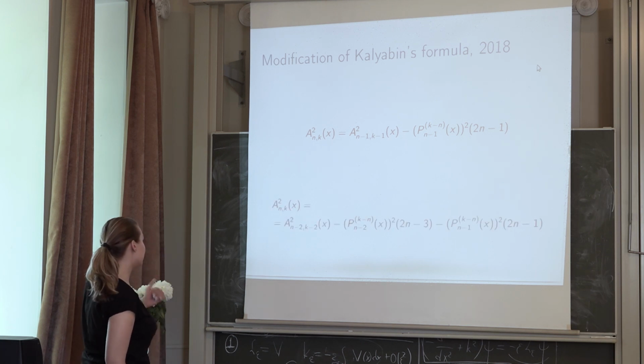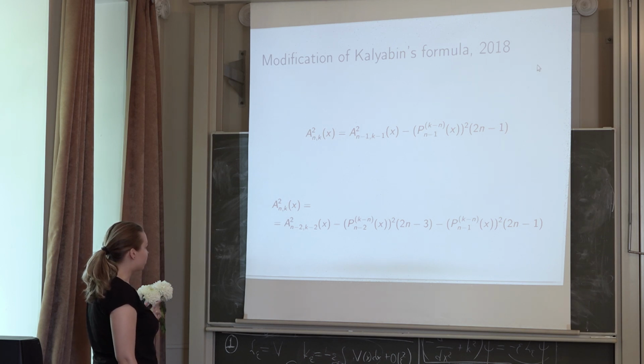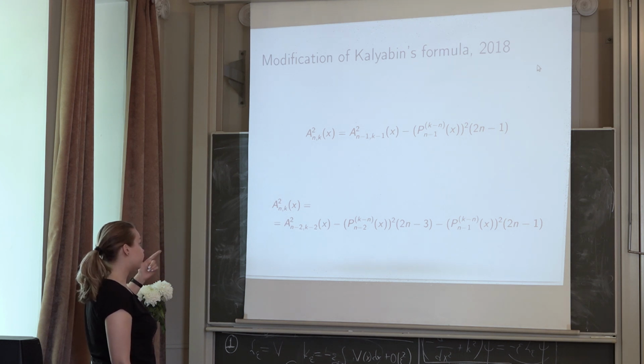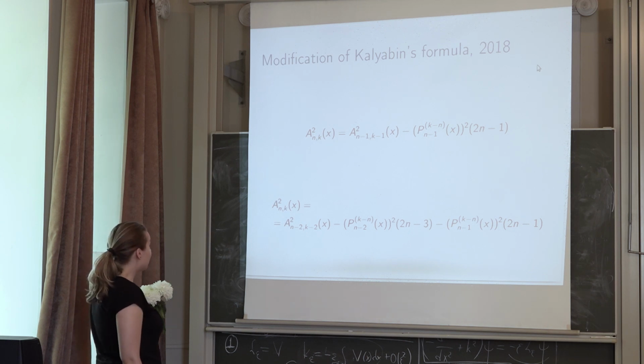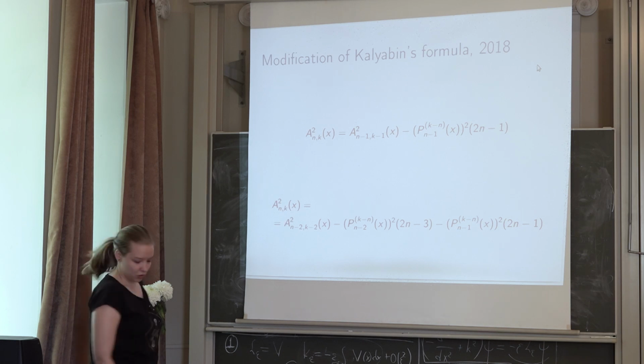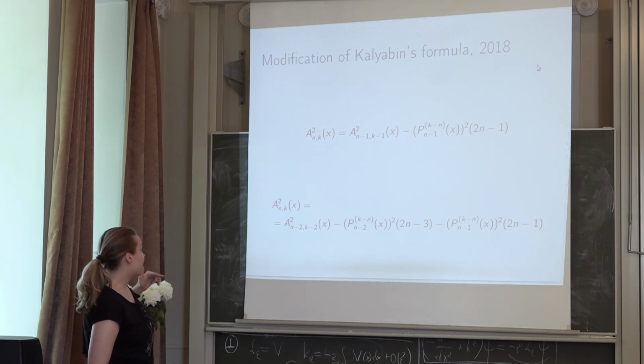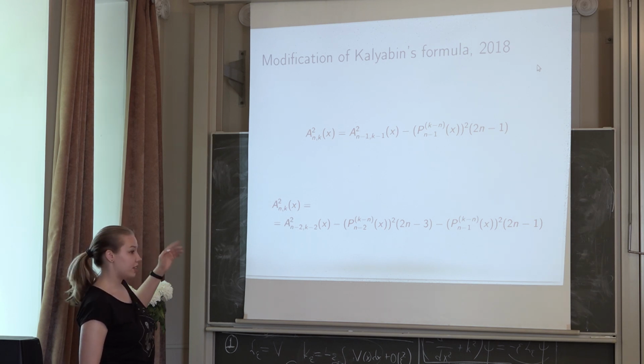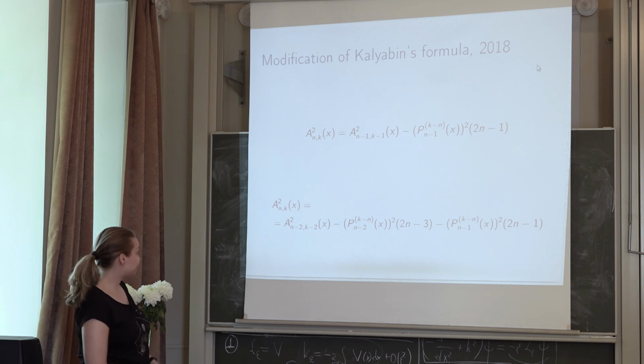And another variant is also a useful formula because it connects the function A with indexes of the same parity. This formula is very important because using Karabin's results, we can, by induction, calculate A_{n,k} one by one.